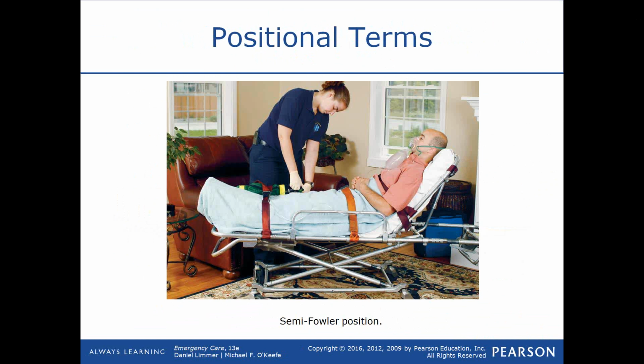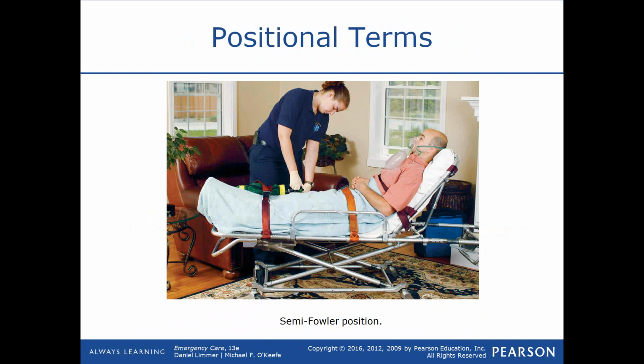Semi-fowler is a position. There's also fowlers, semi-fowlers, high fowlers, and these are just different angles in which a person would be seated. That semi-fowler is about a 45-degree angle. There's a 30-degree angle. There's a 25-degree angle. There's a 90-degree angle.